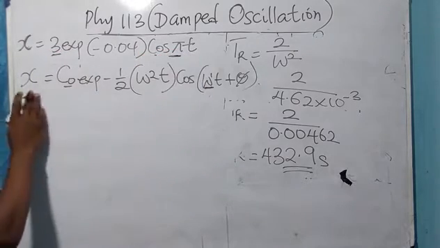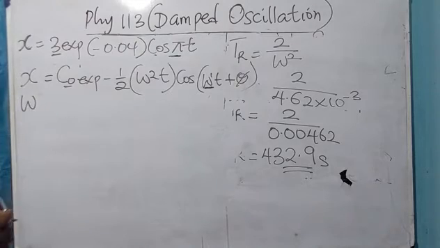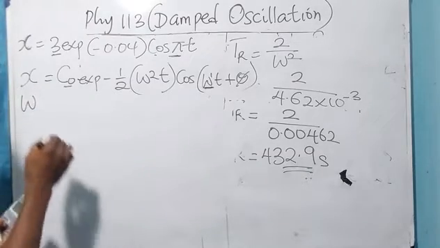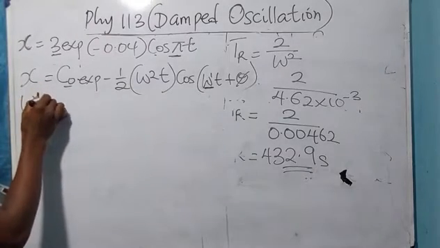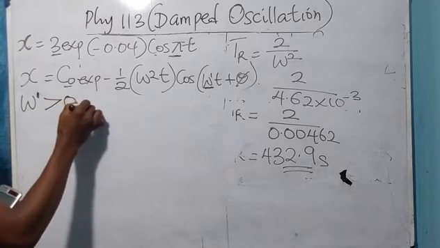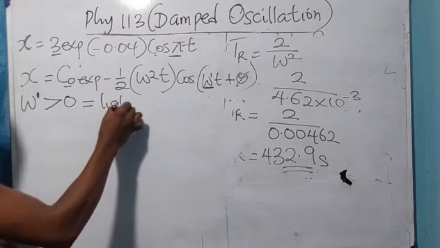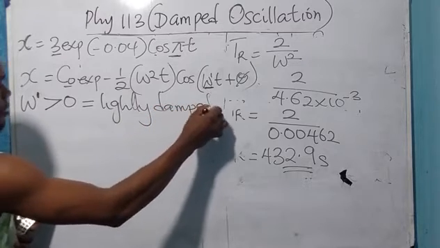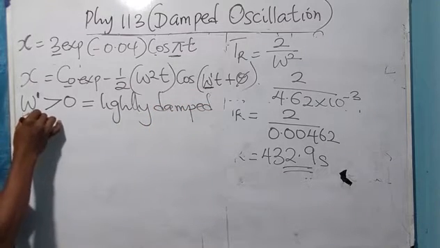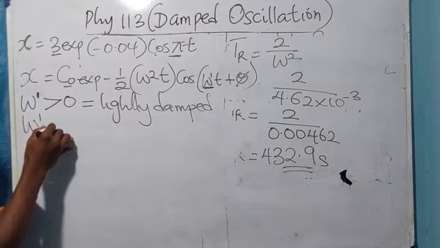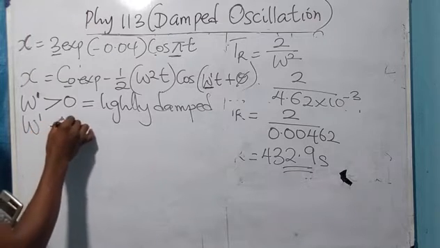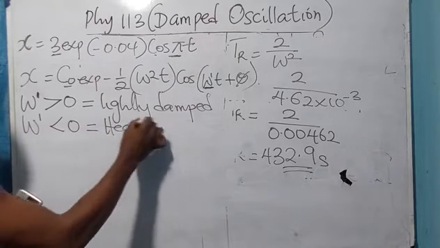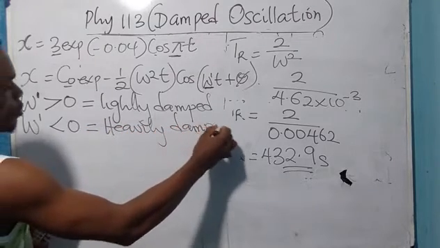I told you, for you to know the type of damped system, when the angular frequency is greater than 0, such is called a lightly damped system. When the angular frequency is less than 0, such a system is called heavily damped.